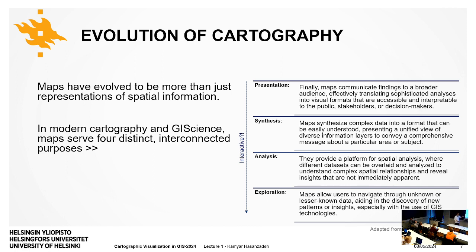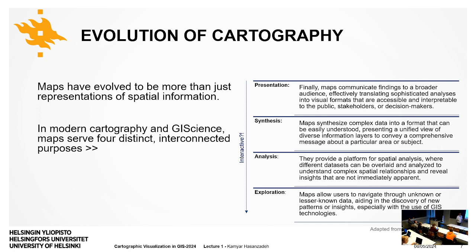So if you look a bit more closely at the evolution of cartography, we can see that there have been different phases, and all of them are still present. Presentation has always been there. You make a map and presentation is a component there. But as we have had more and more interactive tools, there has been more emphasis on also synthesizing data. Imagine, now with interactive tools, if you're using QGIS or Python or ArcGIS or whatever software, you have this way of interacting with your map, and that allows you to explore the data, do analysis, synthesize data.